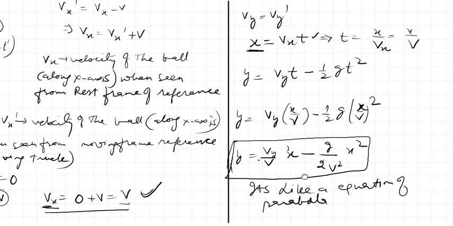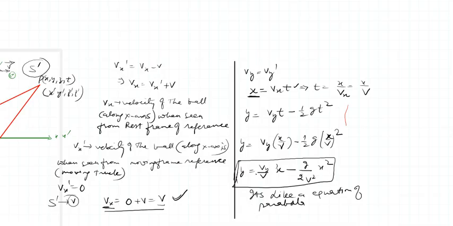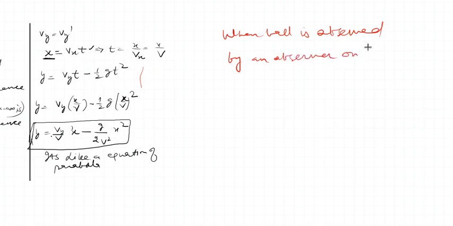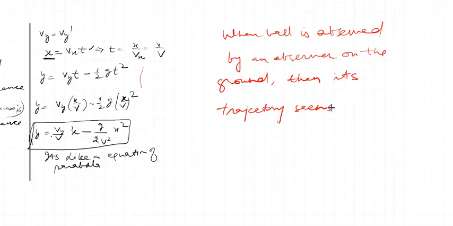So what does it mean? It means that when the ball is observed by an observer on the ground, then its trajectory seems like the trajectory of a parabola. Thus the Galilean transformations help us to understand how the ball seems to be like.